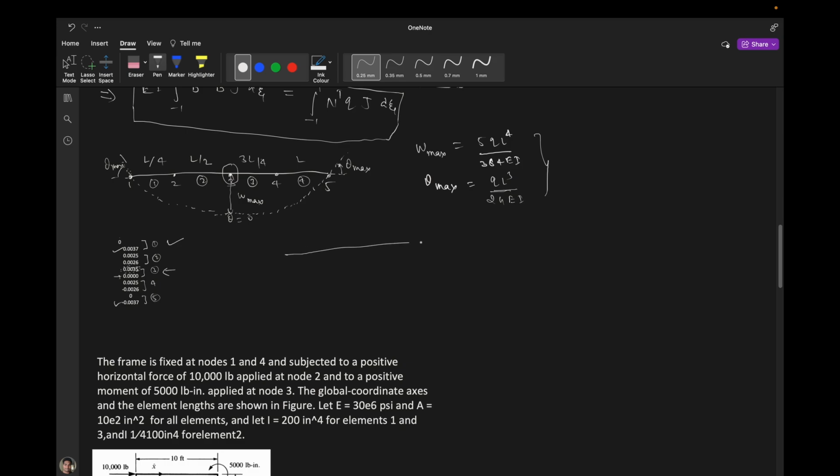So this is the fixed beam and this is the UDL acting on it. This is node 1, node 2, node 3, node 4 and node 5.